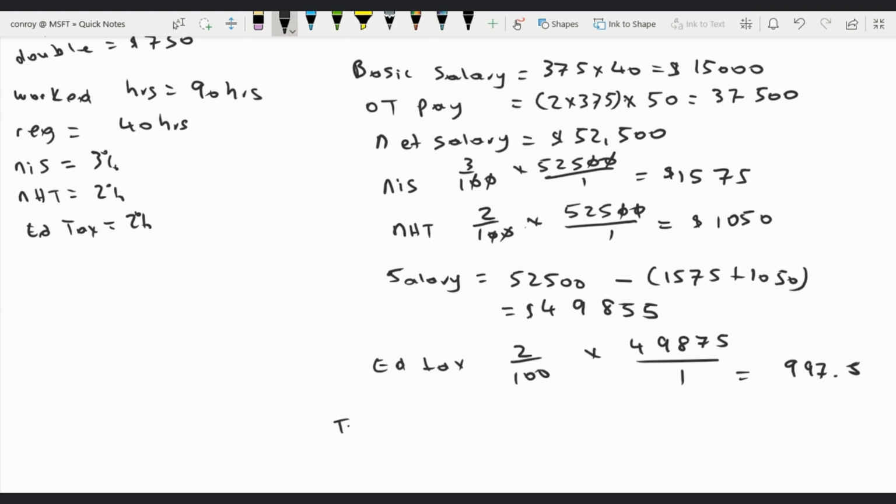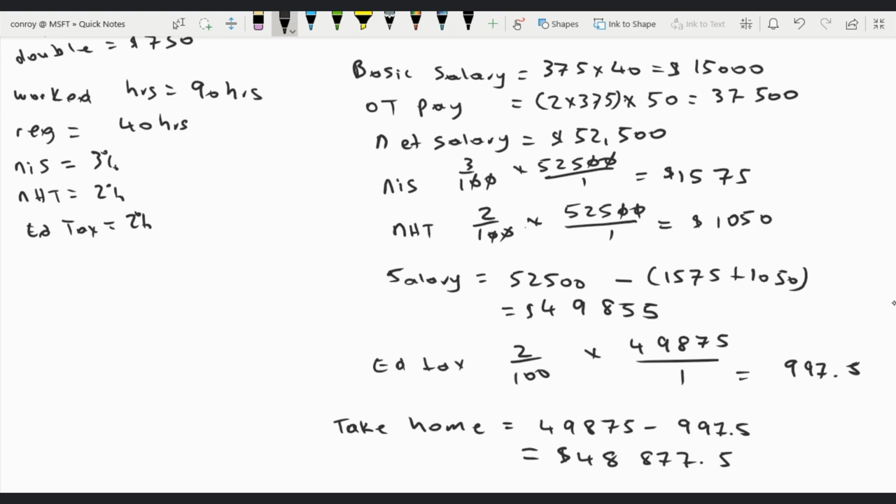Alright, so our take-home salary will be the 49,875 minus 997.5, which is equal to 48,877.5. Alright, so this would be our take-home salary.